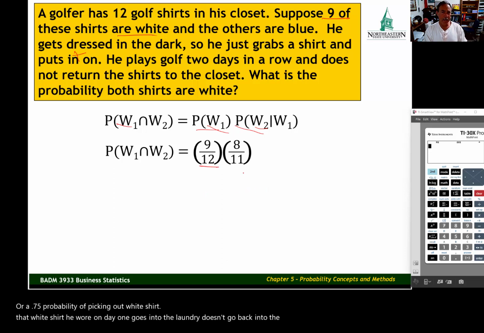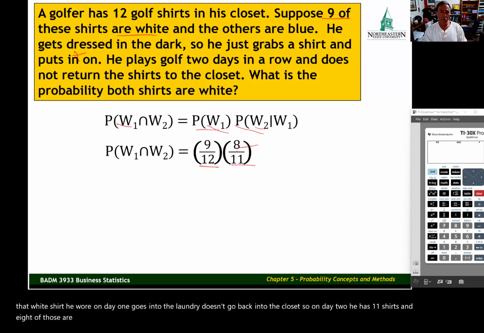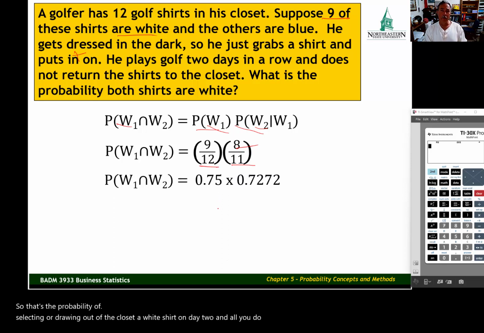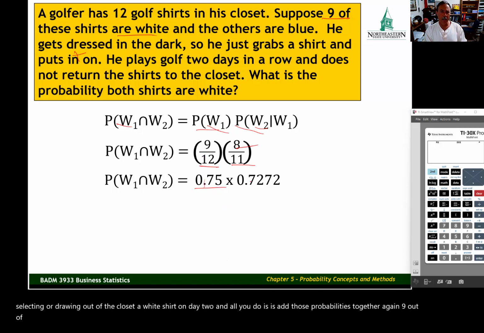So on day 2, he has 11 shirts, and 8 of those are white. So that's the probability of selecting or drawing out of the closet a white shirt on day 2. And all you do is multiply those probabilities together. Again, 9 out of 12, 0.75, 8 out of 11. We've got a nice little repeating decimal there.